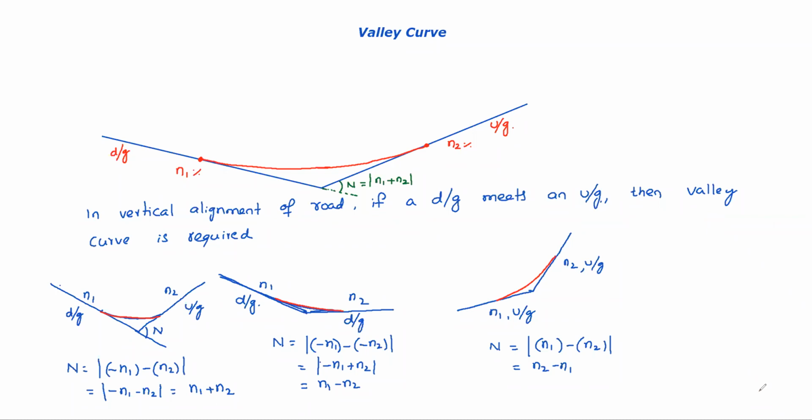Because of the deviation of angle, the changing of the deviation angle should be very smooth. For that we are providing a curve here, that is valley curve. So this is the situation why we need to provide valley curve.